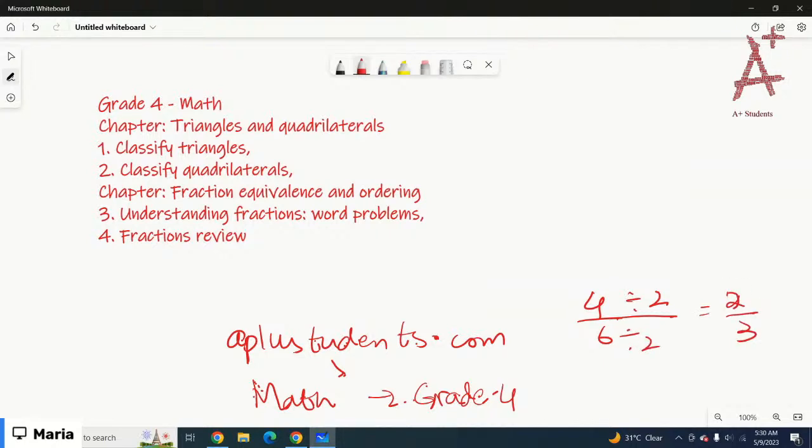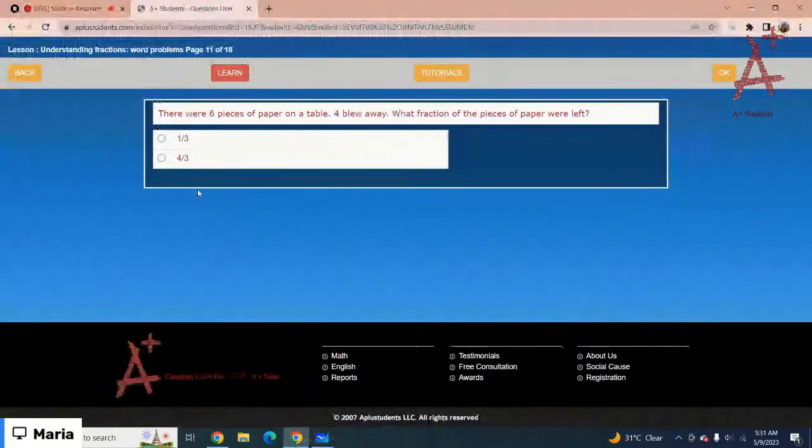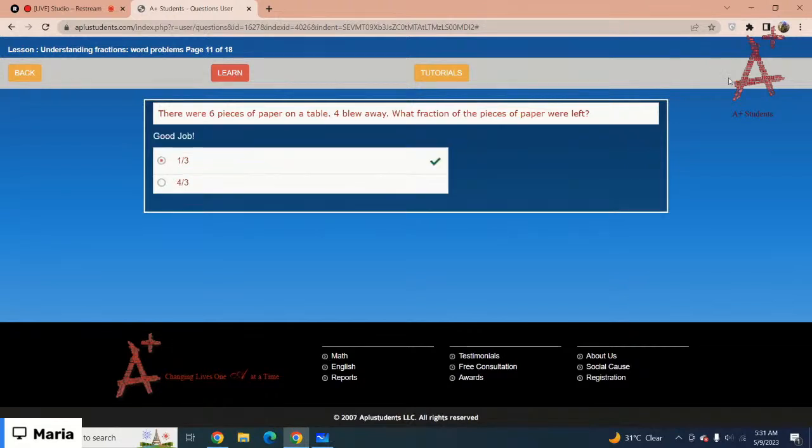It would be either 2 by 3 or 4 by 6. Got it? You are not given the correct options here. It would be 2 over 3 actually.